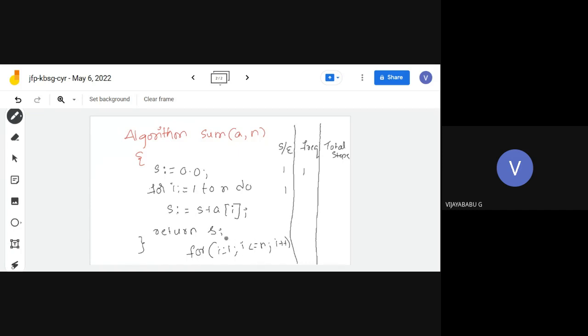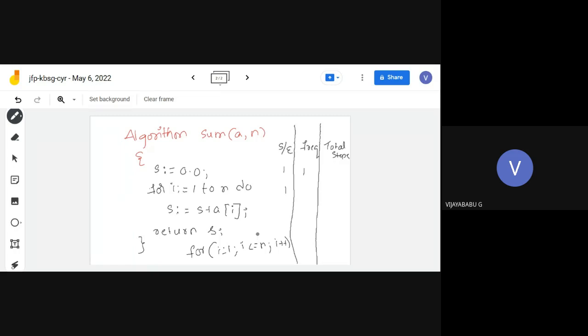If you consider this for loop, how many number of times is it going to be executed? It starts with 1, and all the time it is incrementing till it reaches the test condition, i less than or equal to n. So 1, 2, and so on, it is going to be incremented, and finally it comes to one stage where this condition is not going to be satisfied.